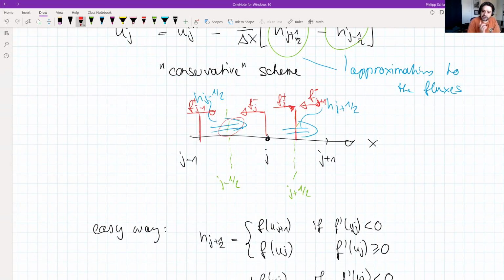Right? So now you see the importance: for point J, I actually have a J minus and a J plus, but they go to different sides of the boundaries, so to different H_{J-1/2} or H_{J+1/2}.